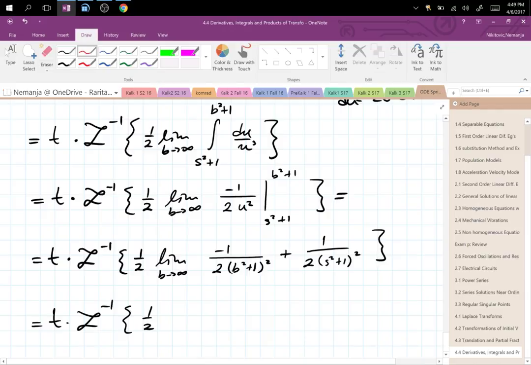This first one goes to 0 because of the limit, and the second one stays as is, so I can just change that to 1/4. So I have 1/4 times 1 over s squared plus 1 squared.